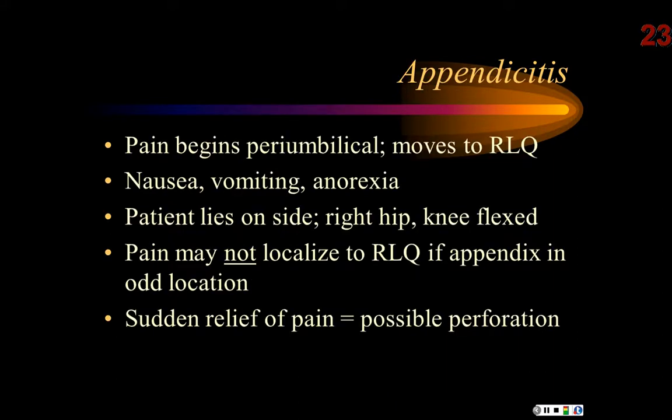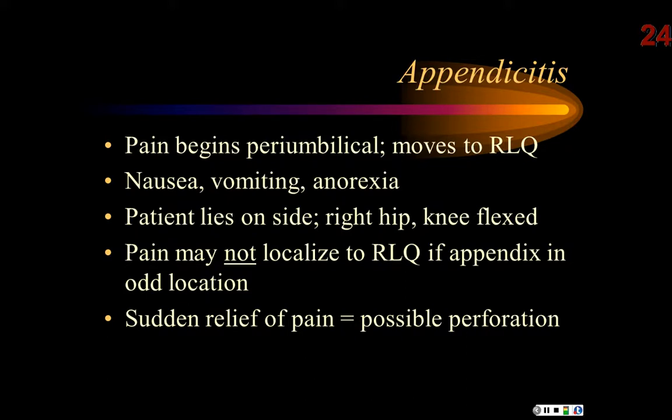Pain begins around the periumbilical area, which is around the belly button. Usually it starts there and migrates to the right lower quadrant. They're going to have nausea and vomiting. When they talk about anorexia as it pertains to appendicitis, they're just talking about being so sick they have no appetite and don't want to eat.